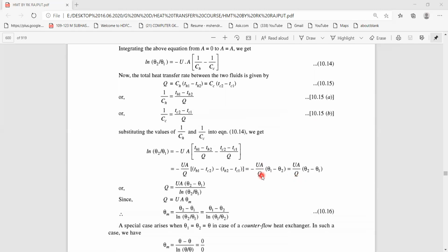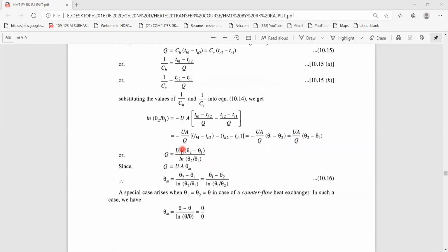So UA divided by Q into (theta 1 minus theta 2), multiplied with the minus sign, gives UA by Q into (theta 2 minus theta 1). Upon cross multiplication, you will get Q equals UA into (theta 2 minus theta 1) divided by ln of theta 2 by theta 1.